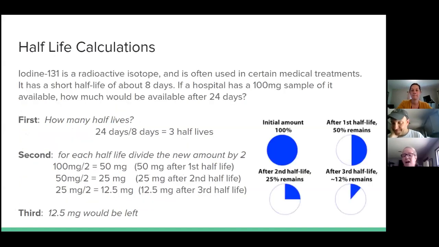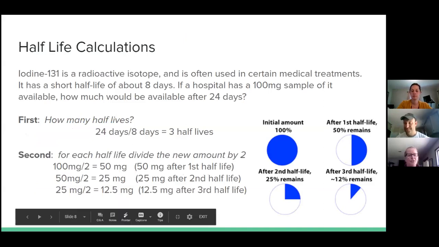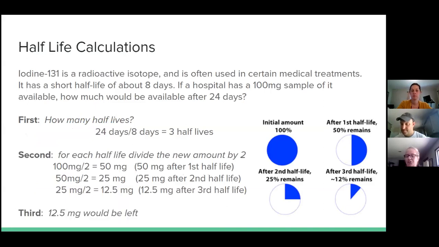Okay, so now we're talking about how you will be doing some half-life calculations, and you're going to be looking at it really from one point of view. Here's the example we use to walk you through it. When you do part B, the half-life simulation, you're going to have a couple of these problems to practice. Here they're giving you iodine-131 as the radioactive isotope. It is often used in certain medical treatments.